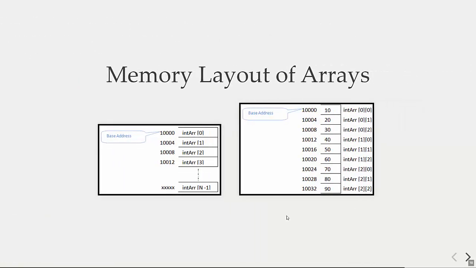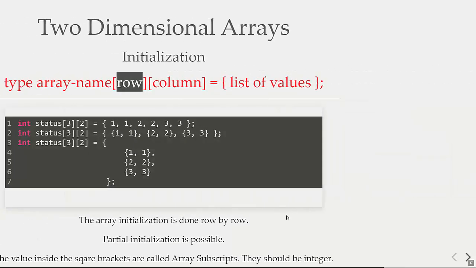Now this is very important: the memory layout of arrays. Basically, how is an array stored inside your memory? As soon as you compile and run the program, some amount of memory is used by your program to store these arrays. This is called static memory allocation, because you already mentioned the size of your arrays while programming.